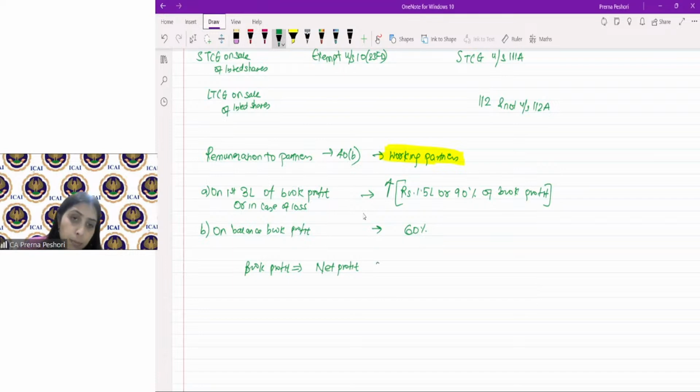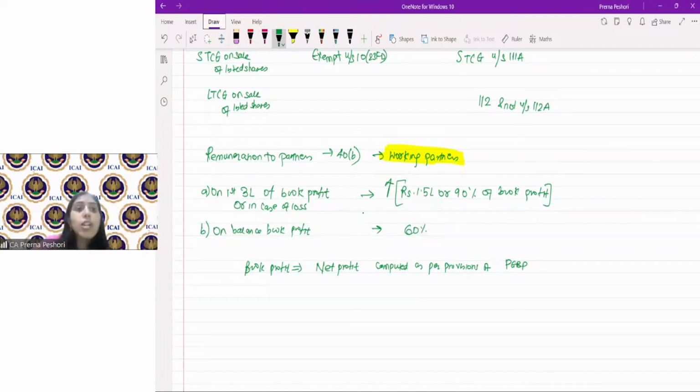So net profit computed as per the provisions of the PGBP chapter, meaning you will not consider any business losses at the moment. You may consider the unabsorbed depreciation, because unabsorbed depreciation is considered as the current year depreciation under 32(2).